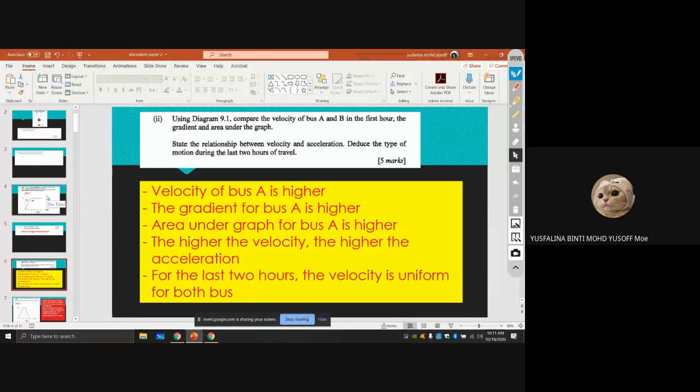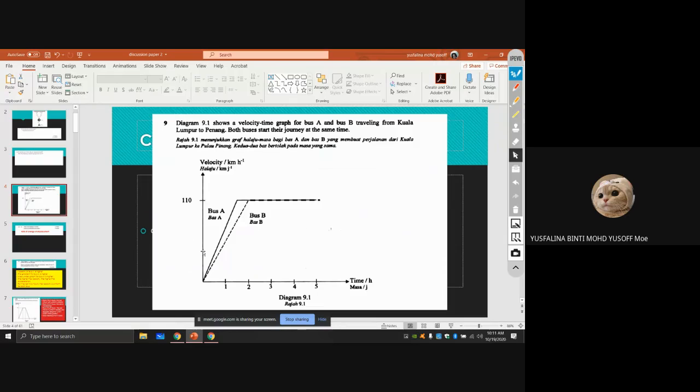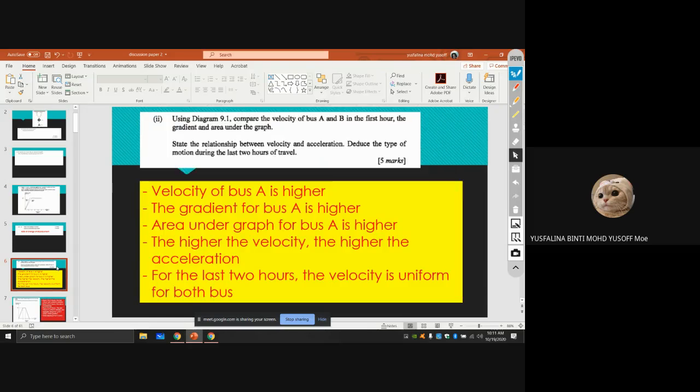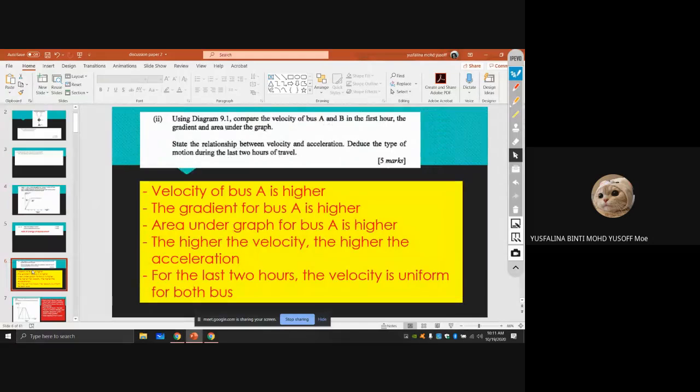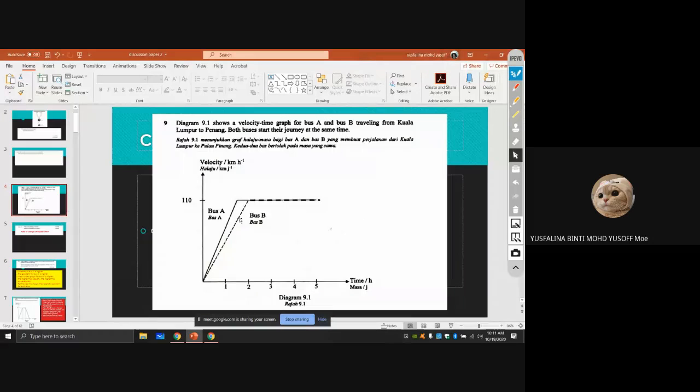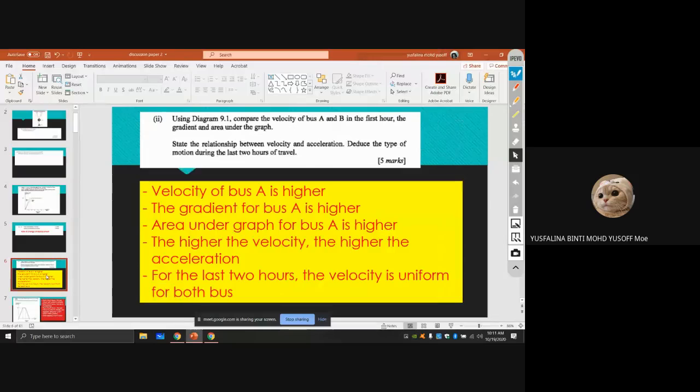You can see that bus A has the higher velocity compared to bus B. If you compare the gradient, of course the gradient of bus A is higher. And the next one, the area under the graph for bus A is higher. So this is the answer for part 1.